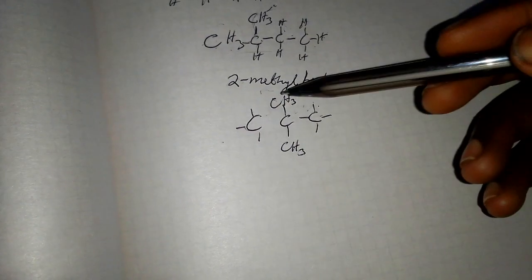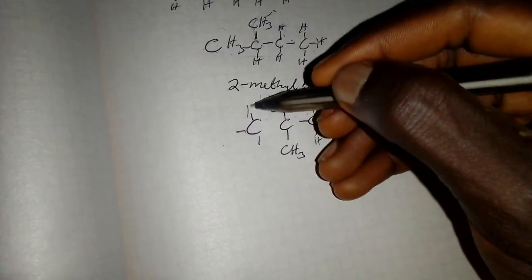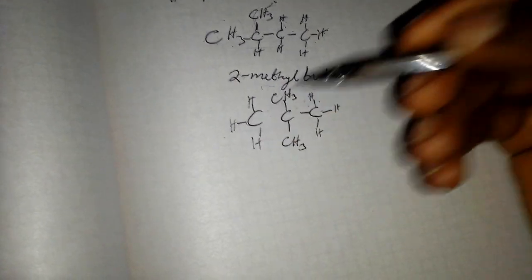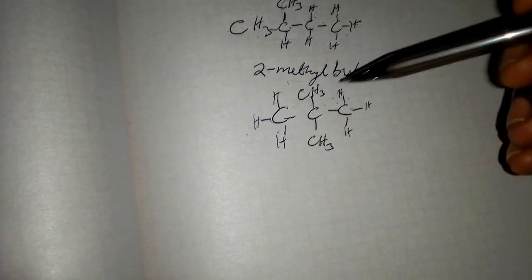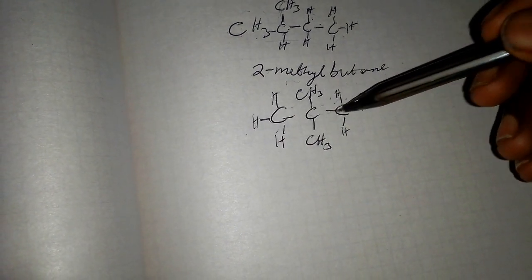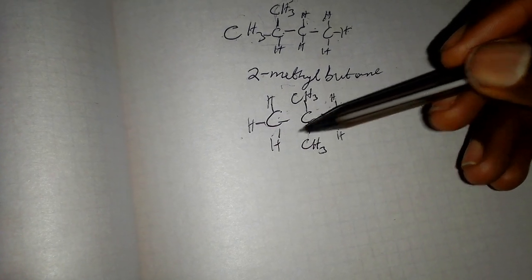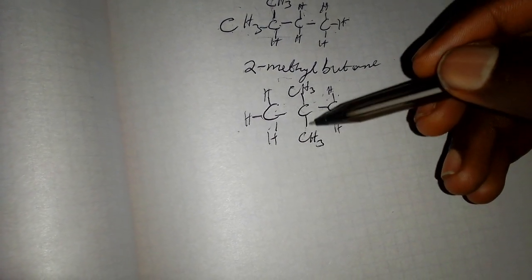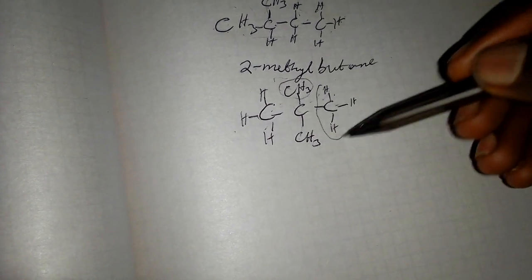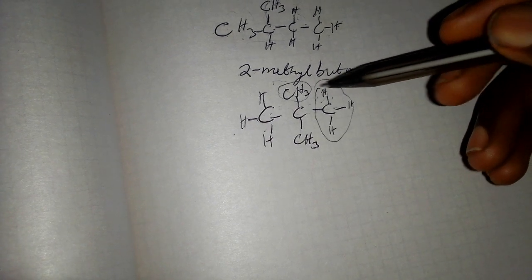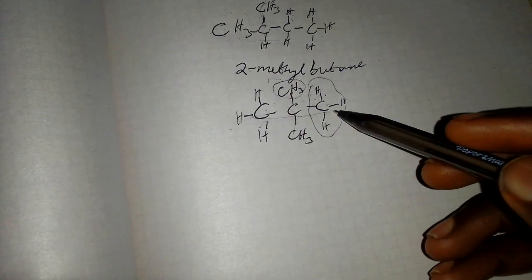In whichever way you count, you have 3 carbon atoms in the longest chain, and you notice that there are 2 methyl groups attached to it. So I would prefer to take my longest chain to be this.